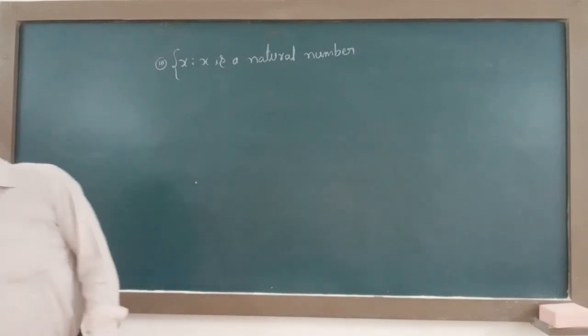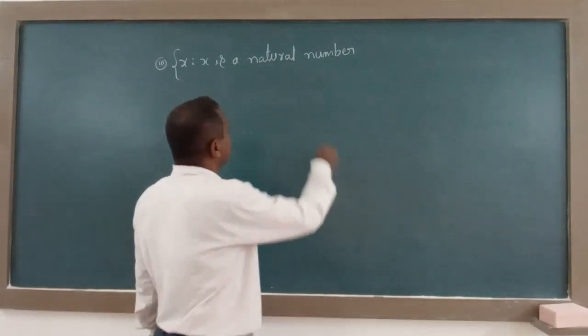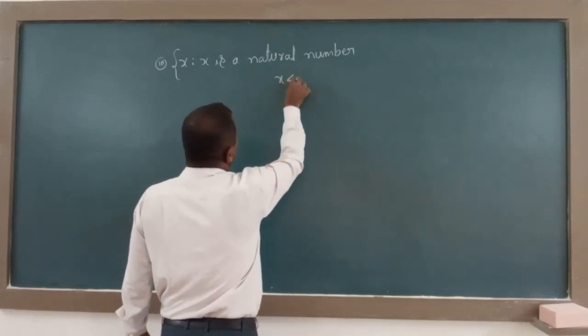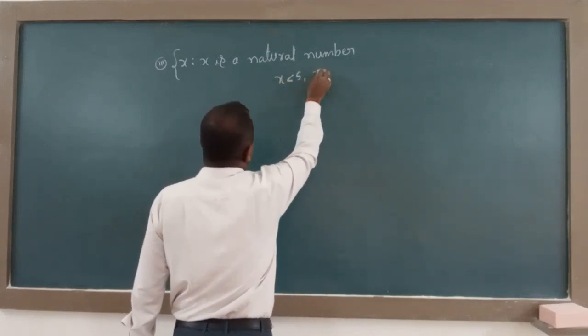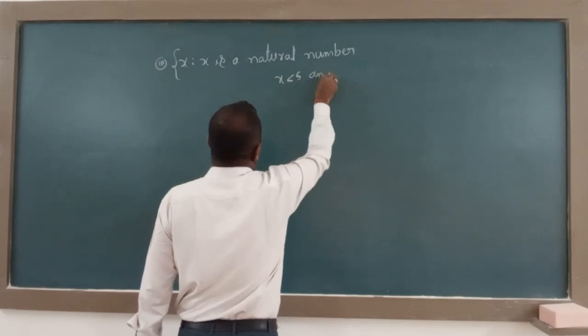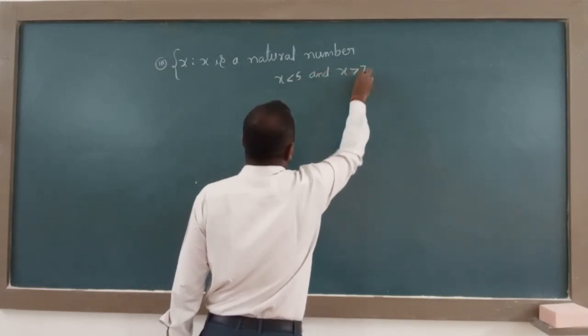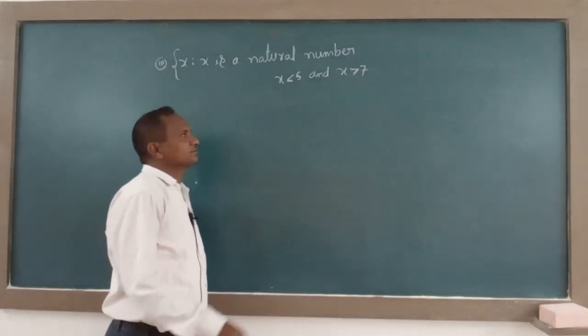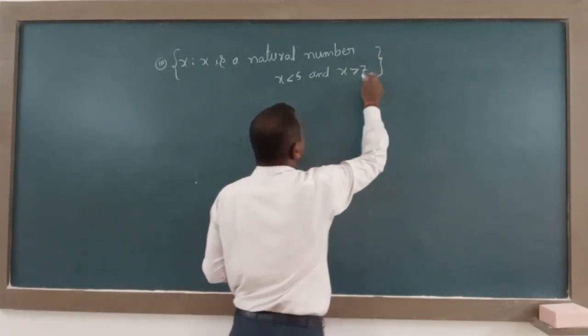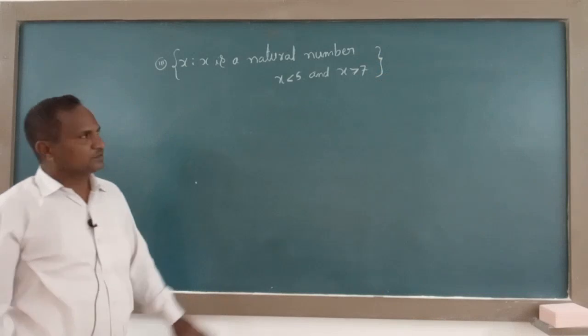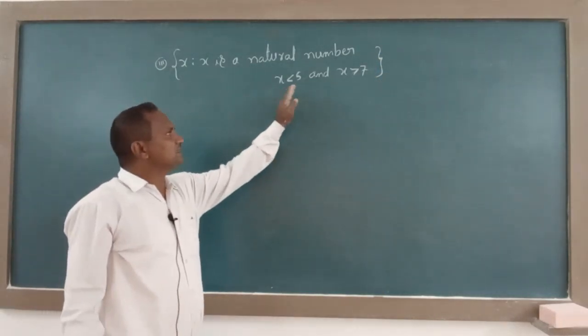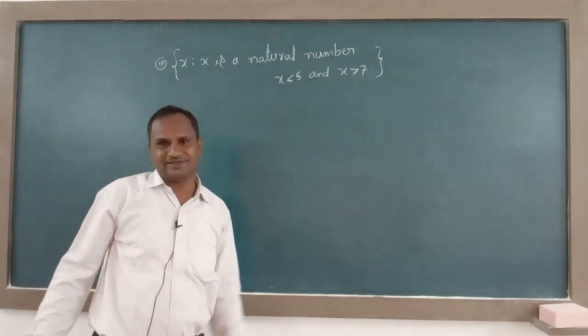x is less than 5 and x is greater than 7. Both should hold. That number should be less than 5 and greater than 7.